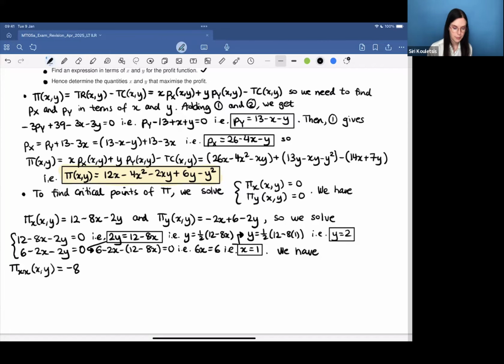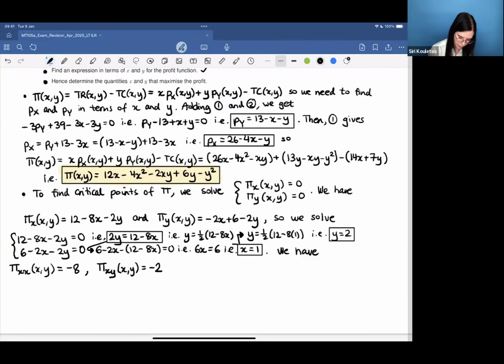And we get -8. Then we take the partial derivative of pi with respect to x, and now we partially differentiate it with respect to y. And that's -2. I hope you agree.